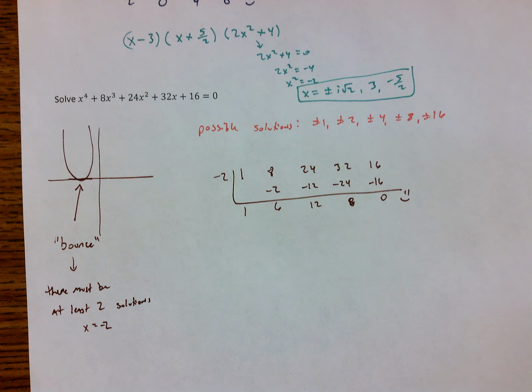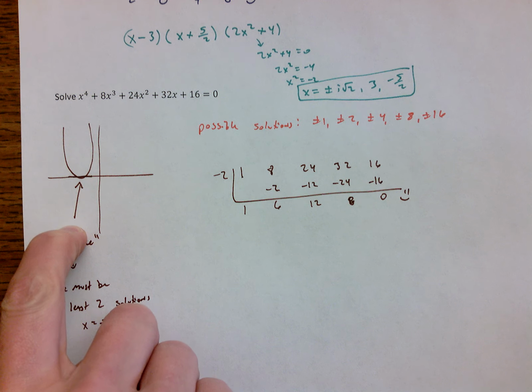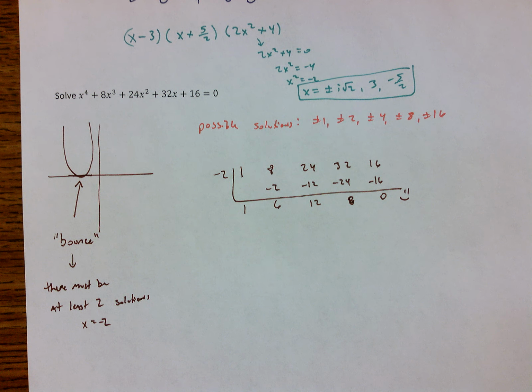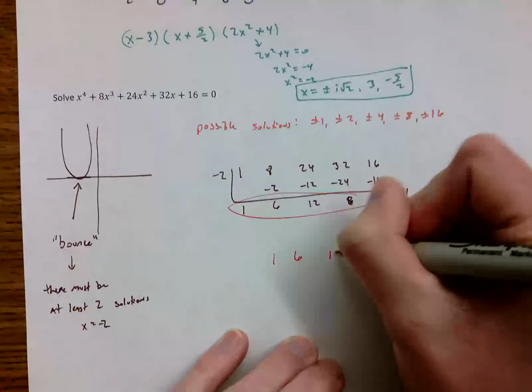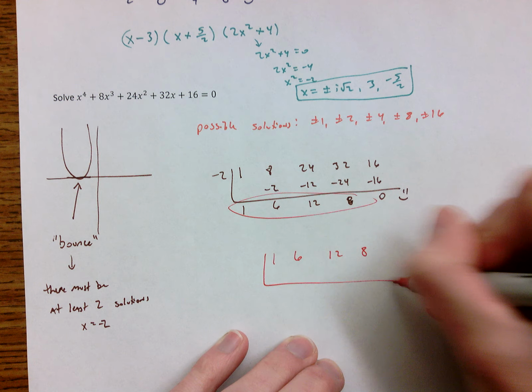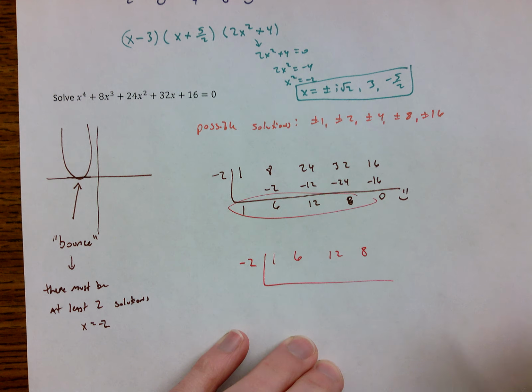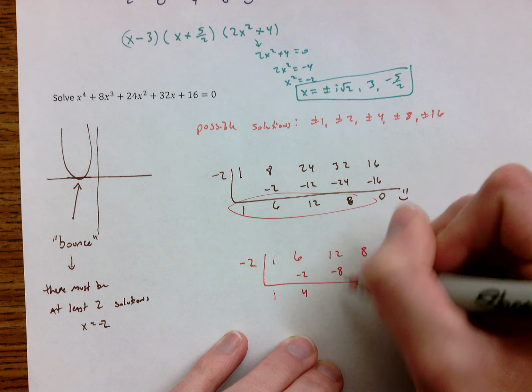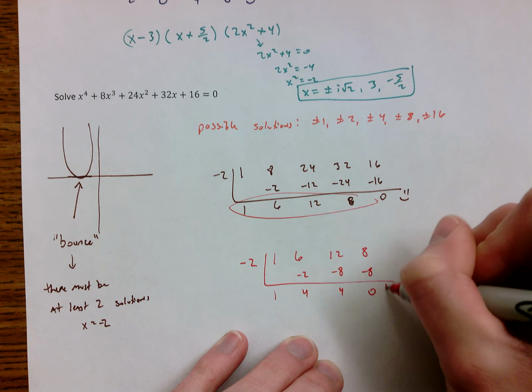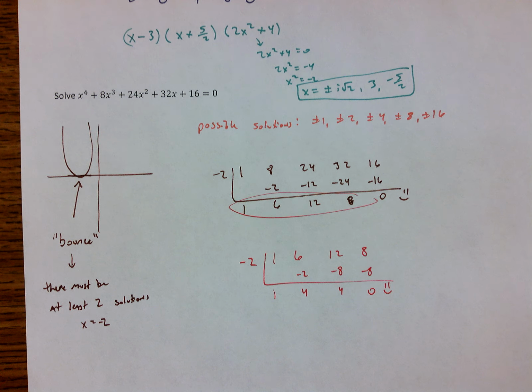So that's going to be my next cue. Because I know looking at the graph that this is a bounce, the next thing I'm going to do when I divide is use these numbers and use -2 again. Okay, so 1, -2 is 4, that's -8, so that's 4, that's -8, that's 0. Perfect.